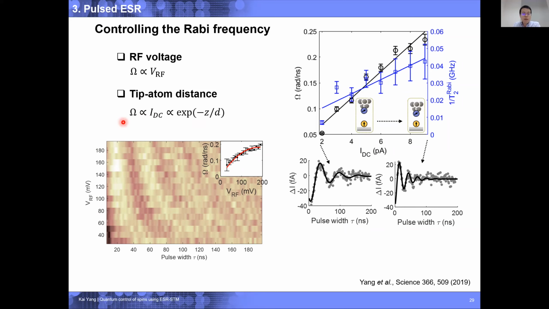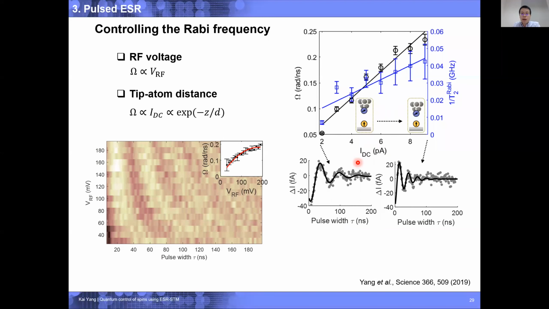We found that the Rabi frequency increases exponentially as we decrease the tip-atom distance. This is very easy to understand because here we drive the ESR through the exchange interaction between the magnetic tip and the surface atom, and we know that the exchange interaction also has an exponential dependence on the distance between these two atoms.